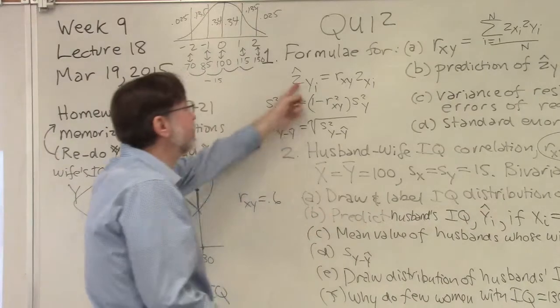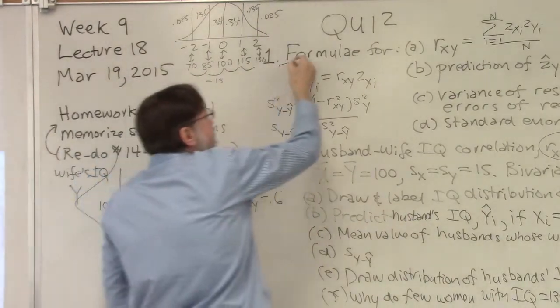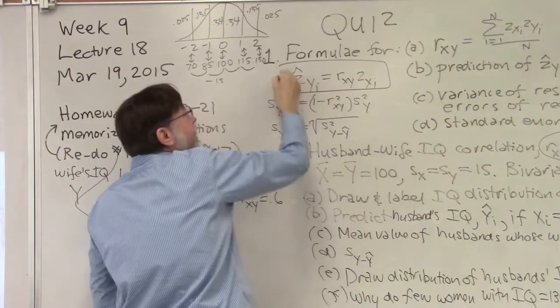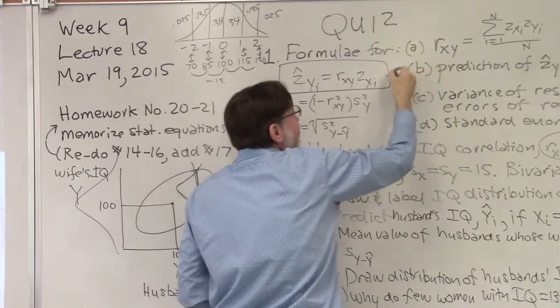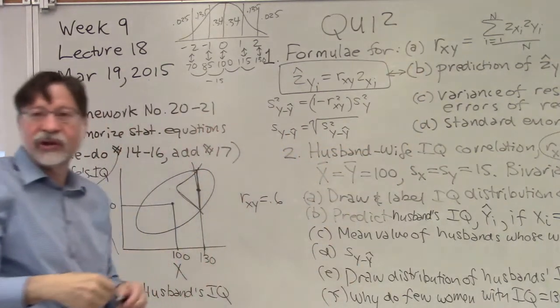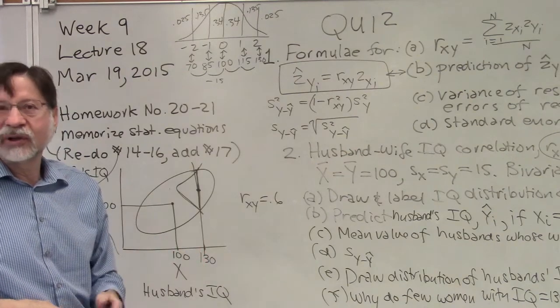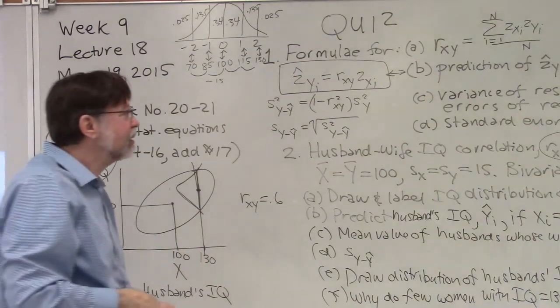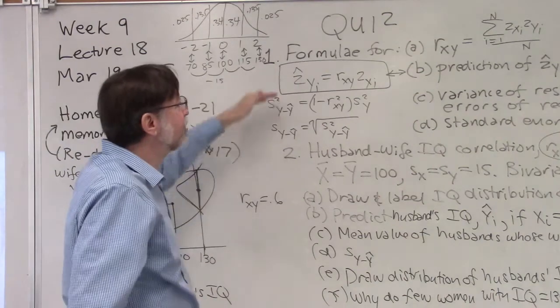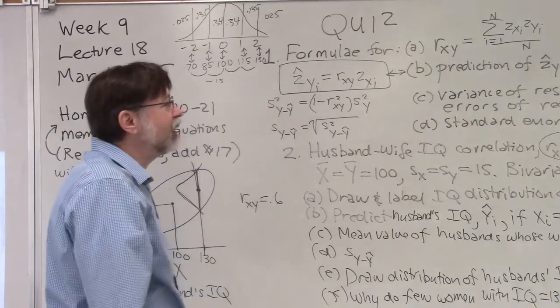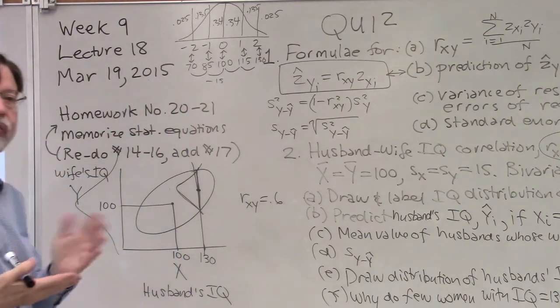To do that, we need this formula, the prediction equation. In order to do this problem, you need to have memorized that equation. So not memorizing the equation makes you done really fast at the beginning of the quiz here. So you start off really fast. Memorizing the equation means spending a half an hour going through the equations.